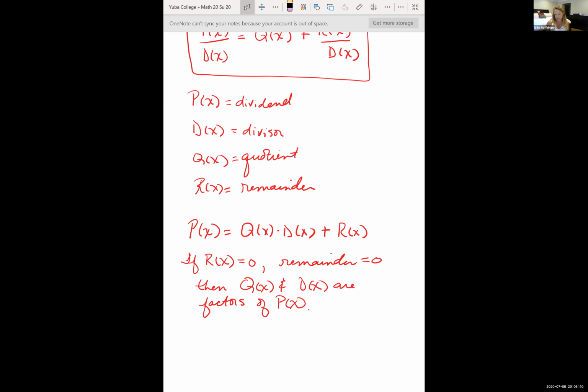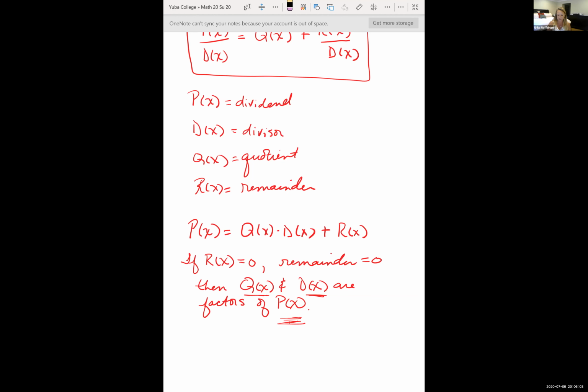So any factors of our quotient will also be factors of our original polynomial. So we're going to try to break this down into smaller and smaller pieces. If I'm looking at P of X and trying to break this down into linear factors, I'm going to find some quotient and a divisor.